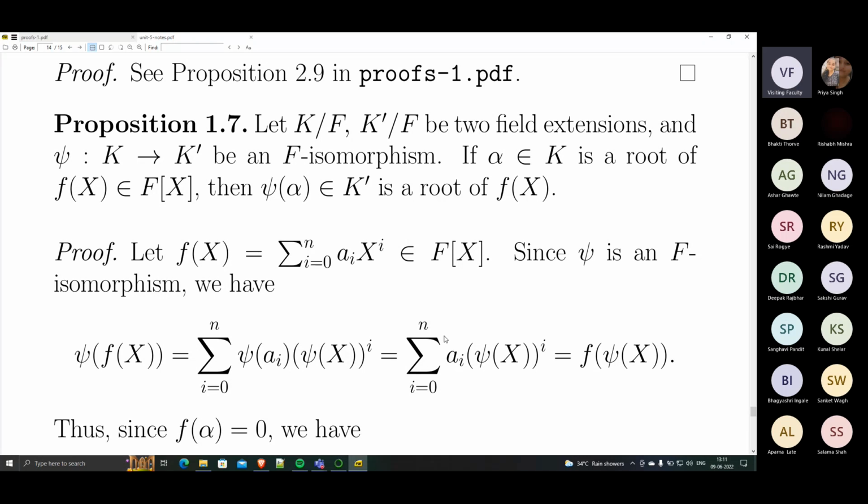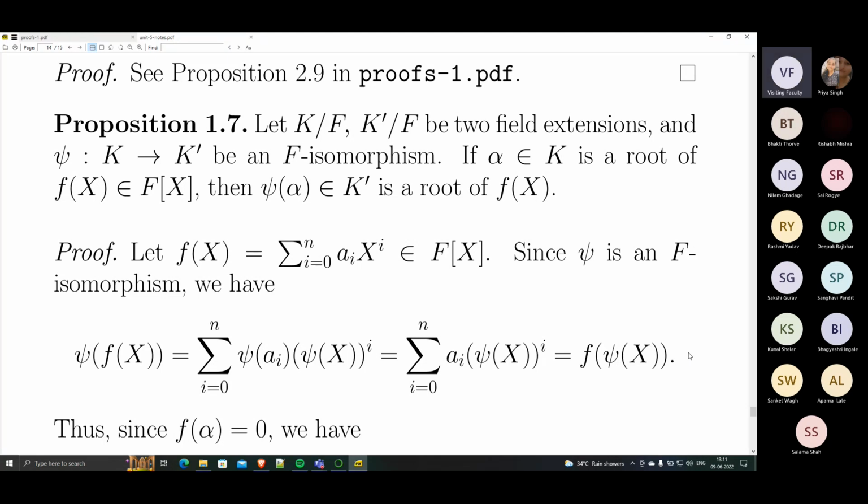If you just look at the expression, if f of x is summation over a_i x raised to i, then summation over a_i psi of x whole raised to i is just f of psi of x. Okay. So psi of f of x is equal to f of psi of x. That is what we have proved here, right? By the property that psi is a ring homomorphism.